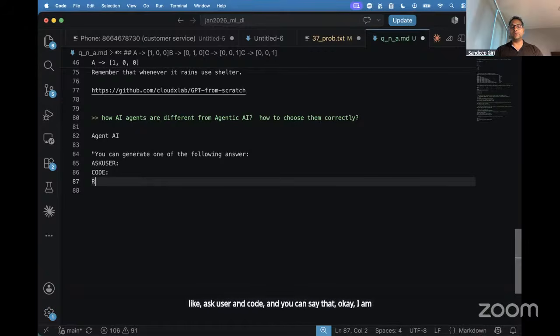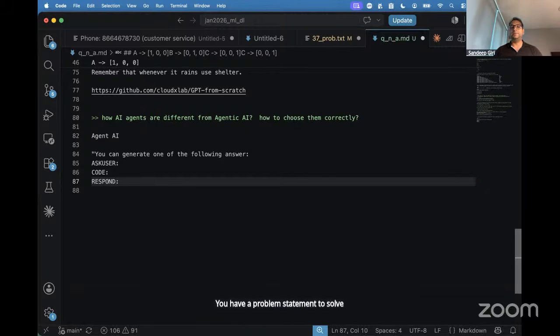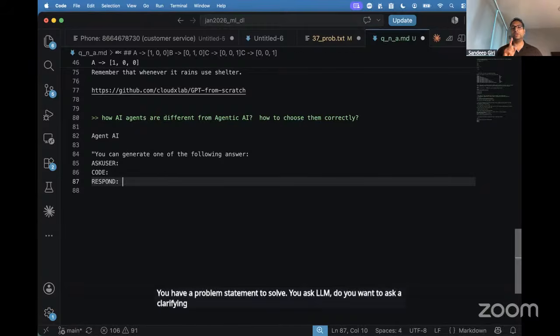Essentially, when you're building an agentic AI, what you are doing is asking the LLM what to do. You have a problem statement to solve. You ask the LLM: do you want to ask a clarifying question to the user, do you want to write code, or do you want to respond to the user?